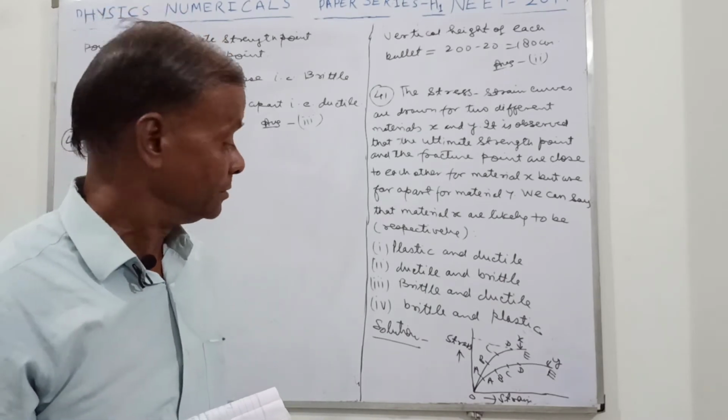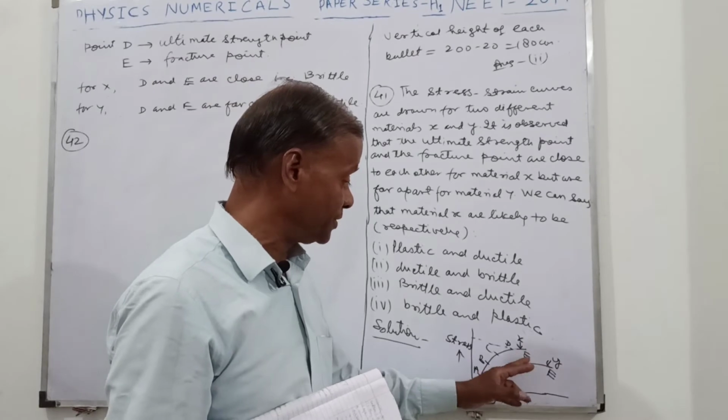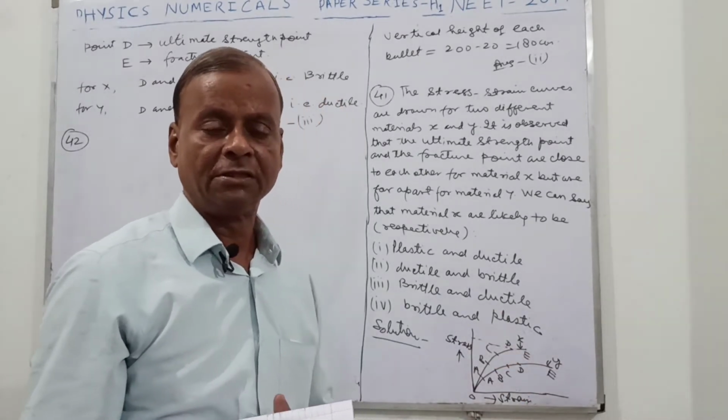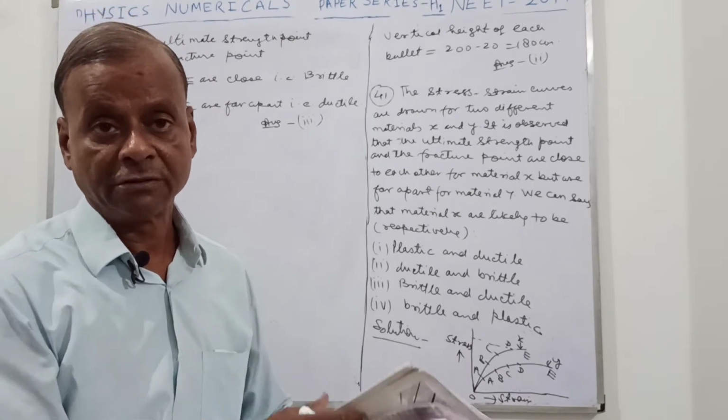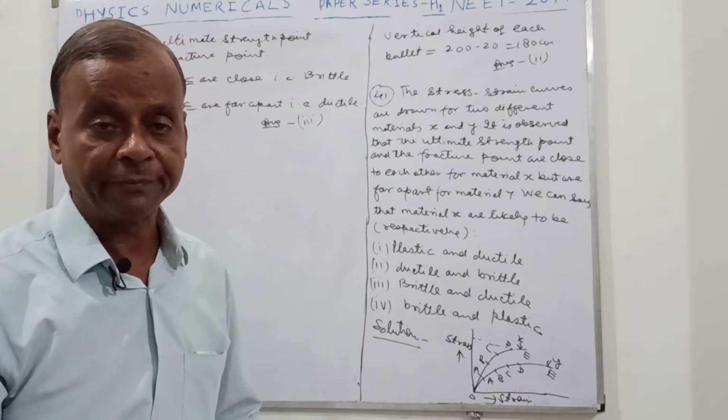If these 2 points are very close, the given material is the brittle one, and if they are far apart, then they are not brittle but ductile.